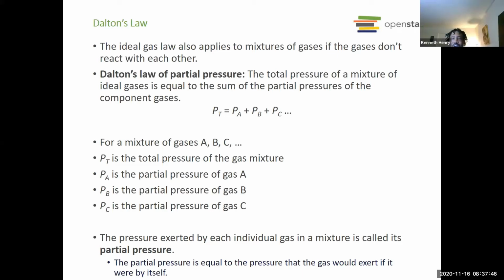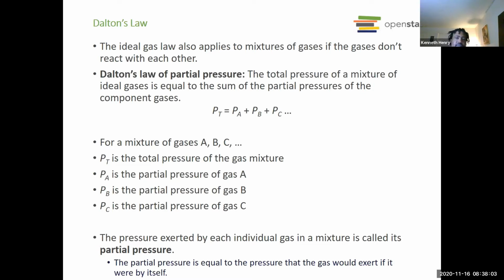I'm glad you're here. Okay, so now we're going to make some assumptions here. If we have different gases, like gases that make up air, we're going to make our own batch of air in a bottle. So we have oxygen, nitrogen, and carbon dioxide, the major components of air.